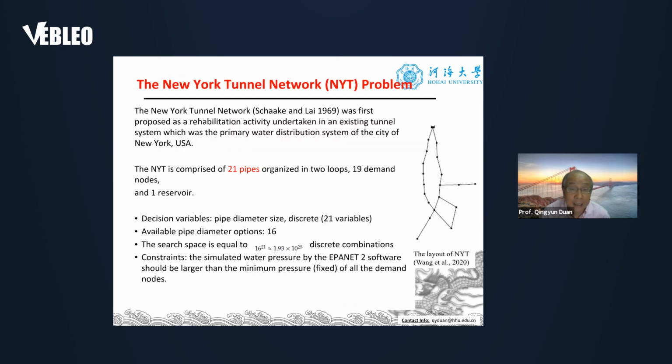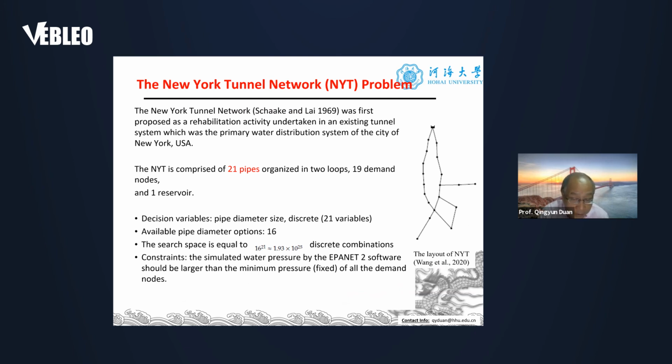And then if you look at the New York tunnel problem, they talk about how you lay out those 21 pipes in 2 loops. The decision variable is the pipe diameter size, and you involve 21 discrete variables. And there are many different pipe diameter options, 16 of them.